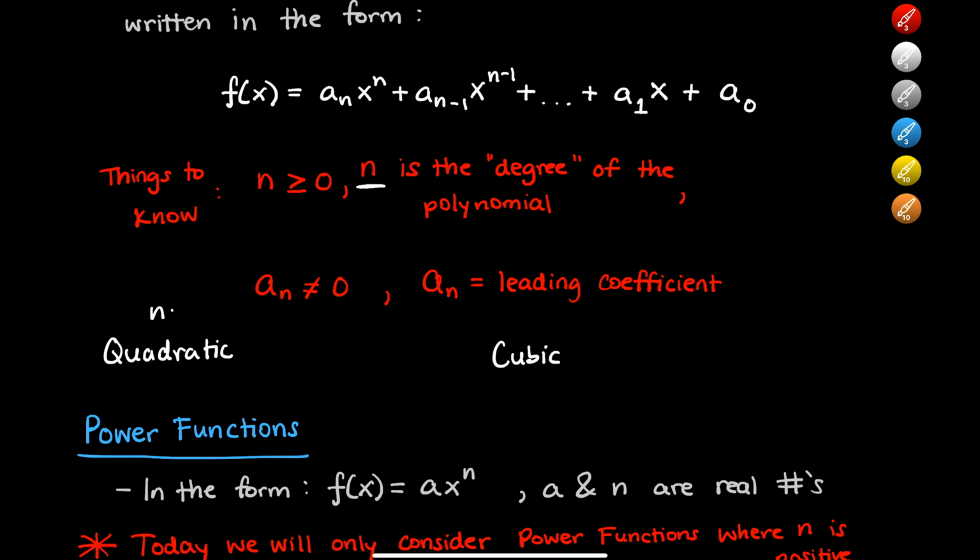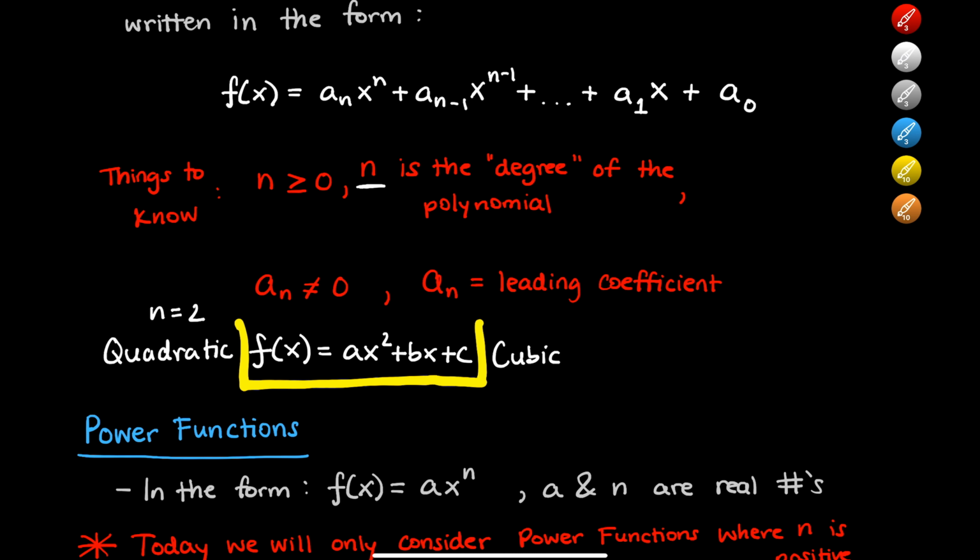So n is equal to 2, and the quadratic base function would look like f of x is equal to ax squared plus bx plus c. So this is the quadratic function, and then the cubic function has x cubed, and then it goes all the way down, plus c, just like that.